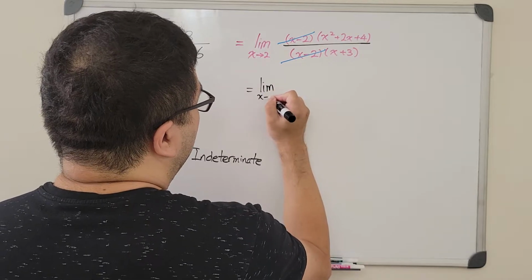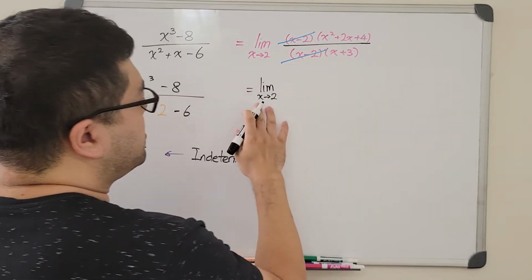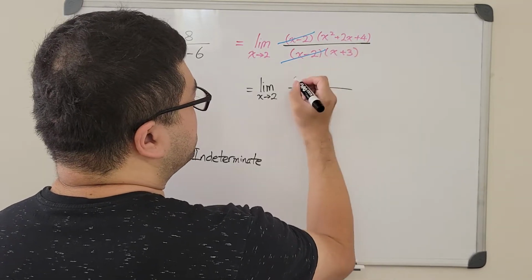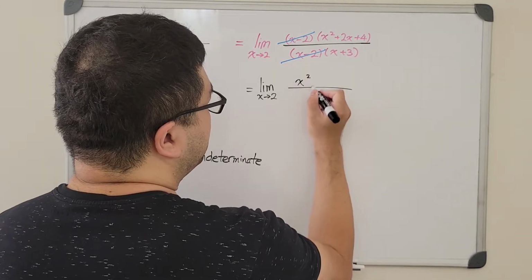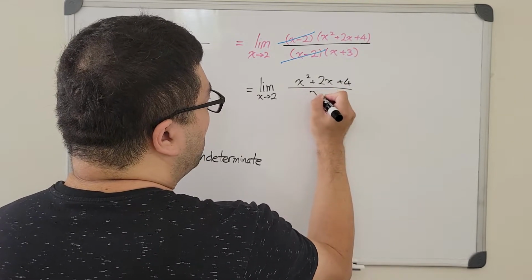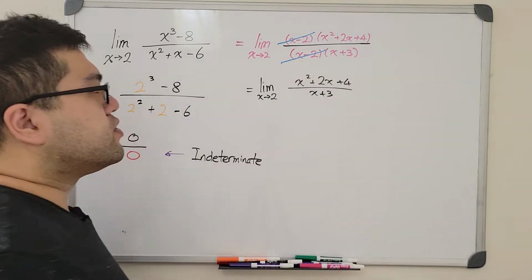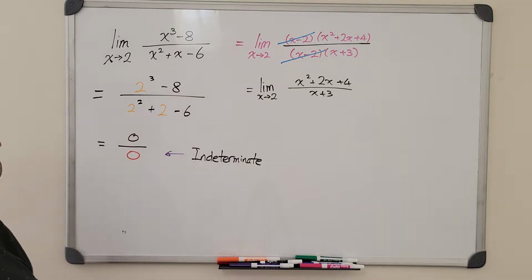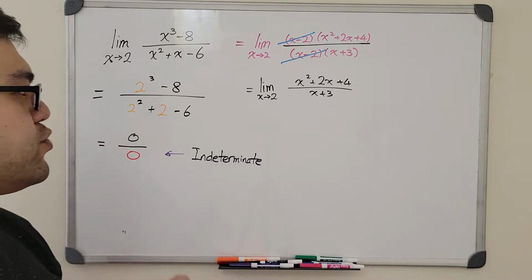Then we're going to get the following. Limit of the expression where x is approaching 2. And now the expression is reduced down to x squared plus 2x plus 4 over x plus 3. So after we cancel out the x minus 2 on both top and bottom, this is what we have left in the expression.